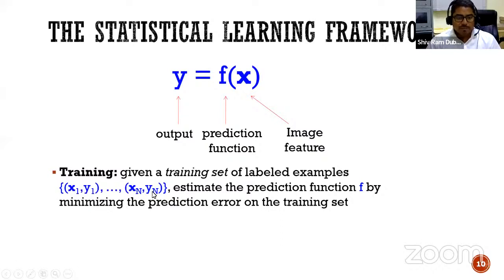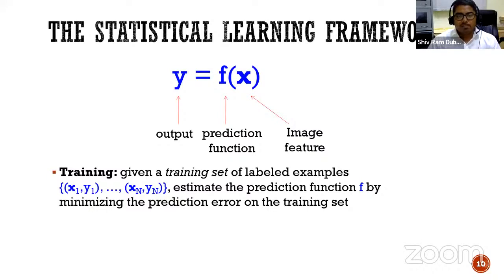If it is not the same, then there will be an error. That error we would like to measure, and it is actually a kind of feedback for our function f, telling us how well it is performing on the training set itself. We want to make that performance better, and that's how we make changes in this function f to find better and better functions.